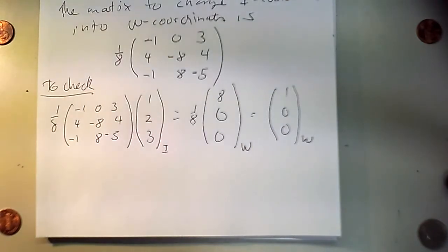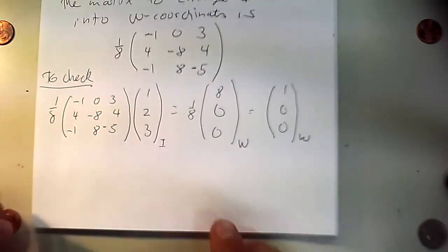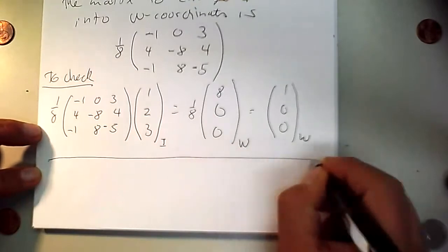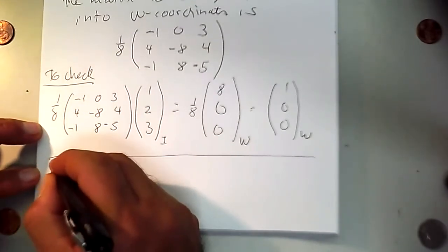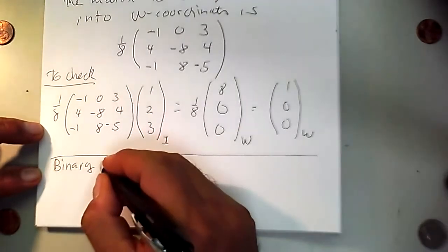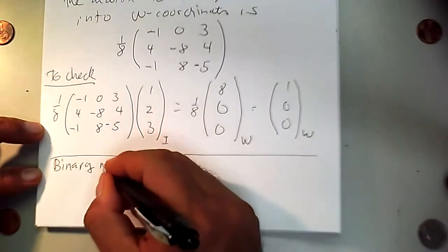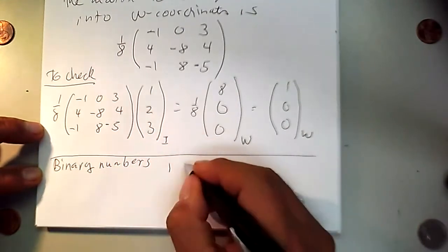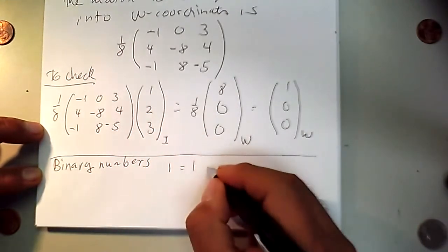I think, now as I'm talking it out, a better analogy is binary numbers. So 1 in decimal is 1 in binary.